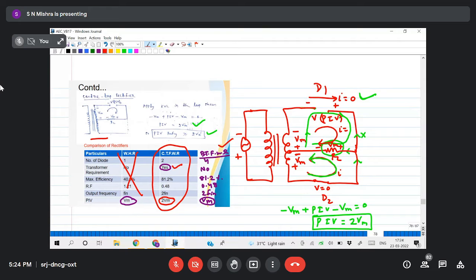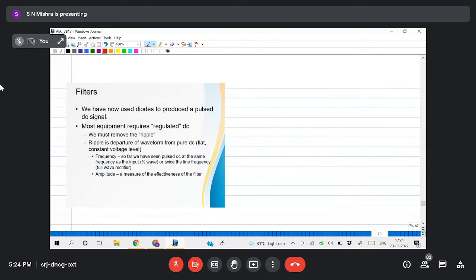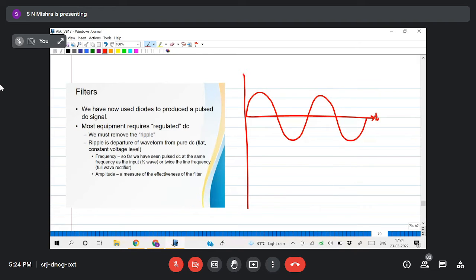Yes, sir. Okay. Now we'll move to filter. It's a very important concept. So let me first draw the input signal. What we have given. Output signal.